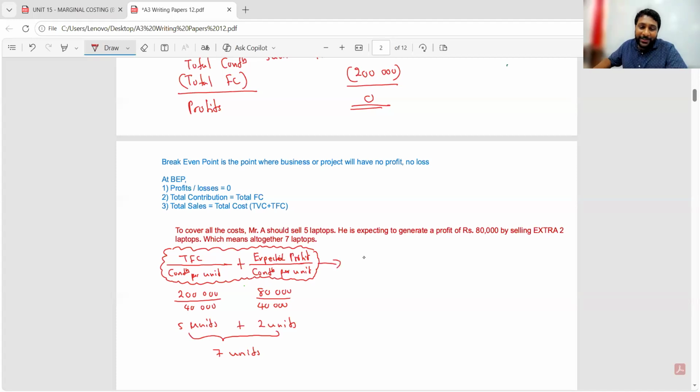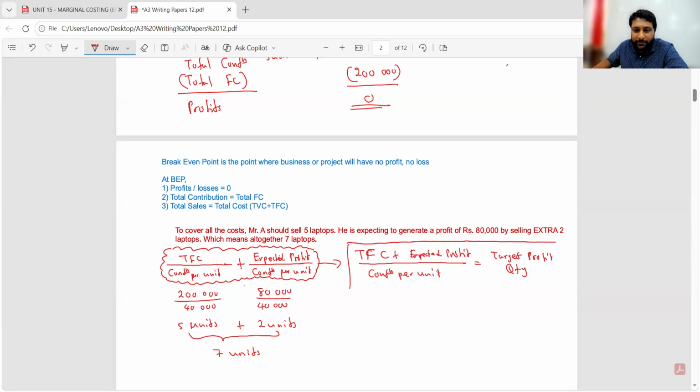So using this, we can construct a formula: total fixed cost plus the expected profit divided by the contribution per unit equals target profit number of units, or the target profit quantity. Write it down.